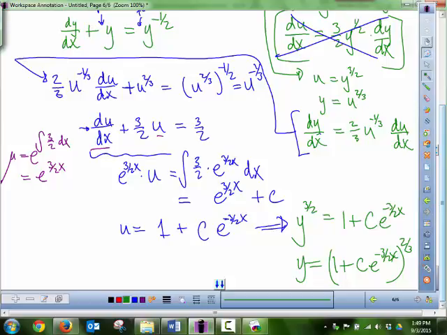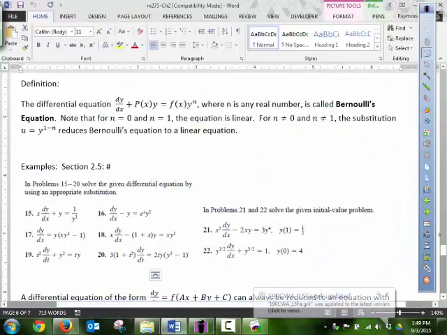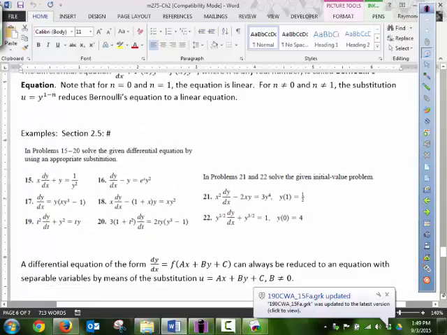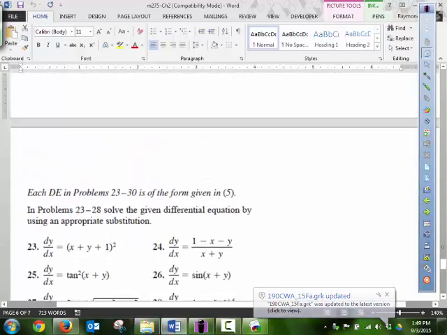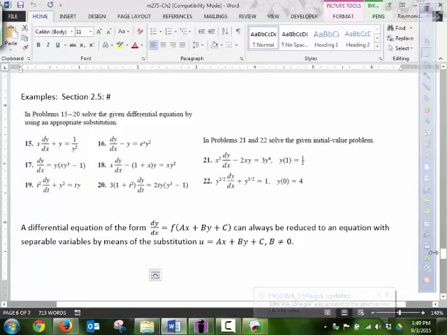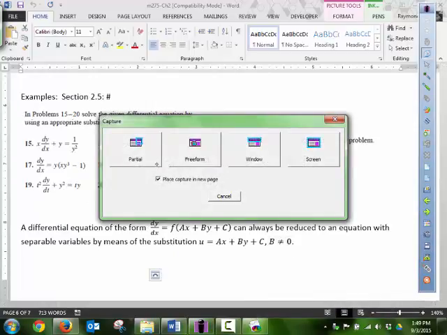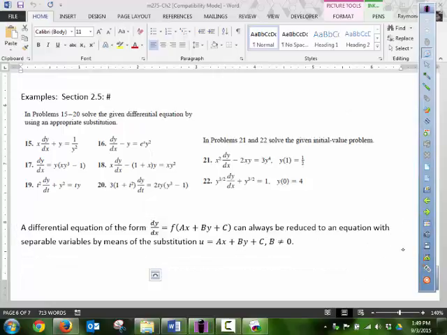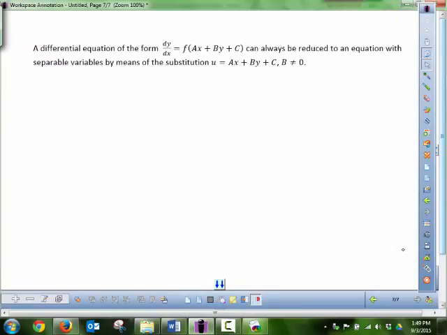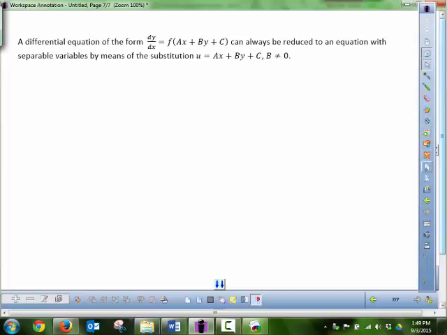So our last type of substitution for today is a differential equation that has a special form where you see a linear combination of x and y and then the constant, so ax plus by plus c, where a or b or c can be 0, and so you might just have one variable.